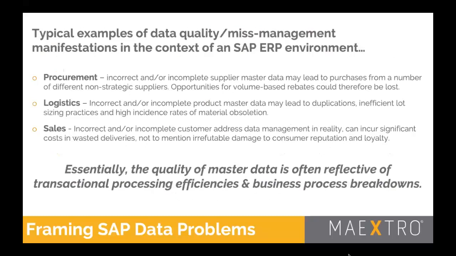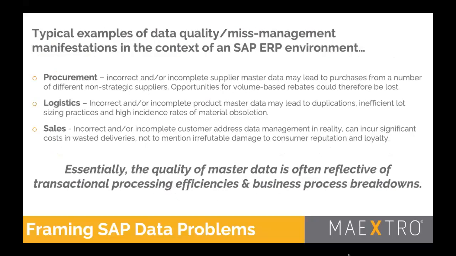Yeah, so if we relate this back to the SAP world, and examples of this manifesting into problems by line of business, you can think in the procurement scenario, you may have incorrect or incomplete supplier master data, open to abuse in terms of maverick spend, non-strategic supplier spend, and potentially opportunities for missed rebates.